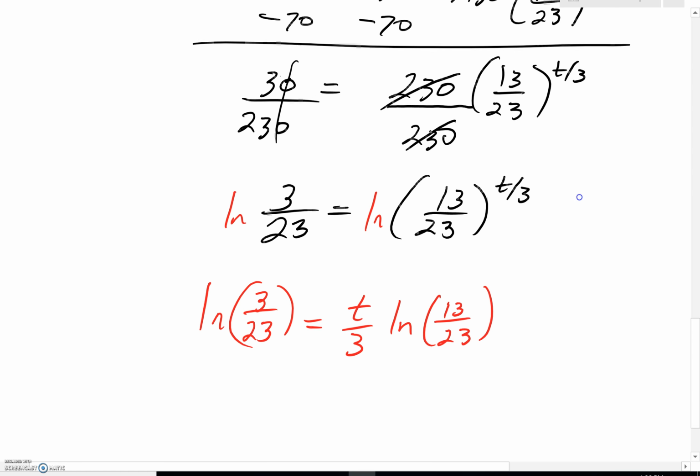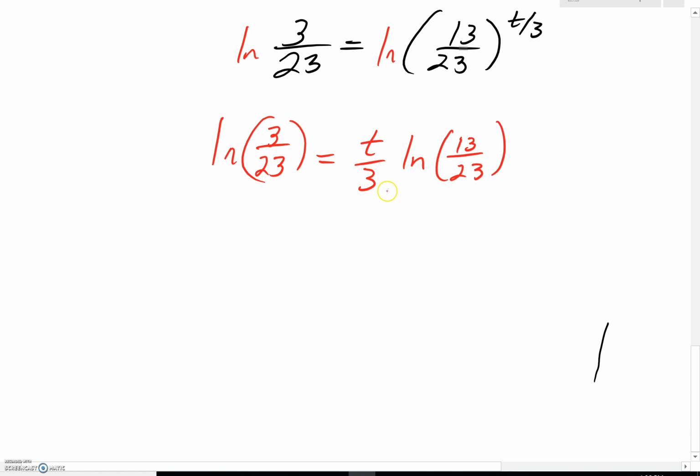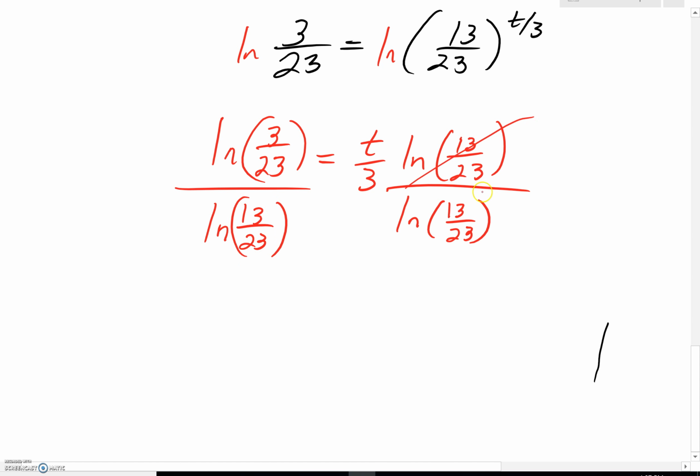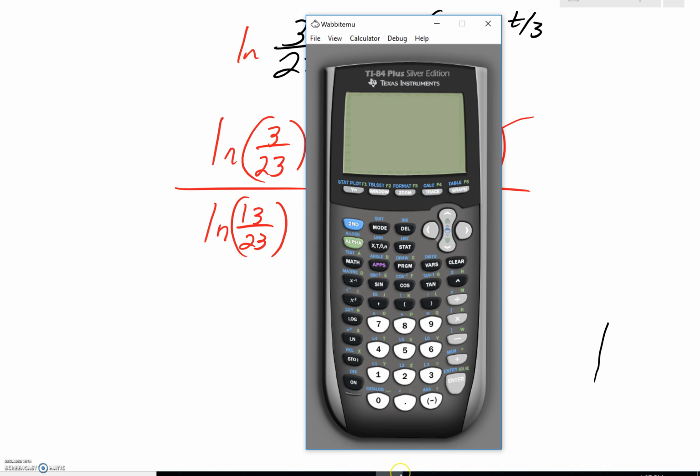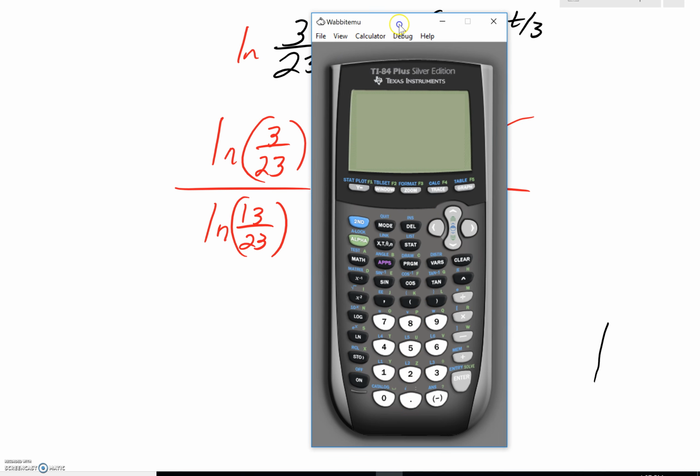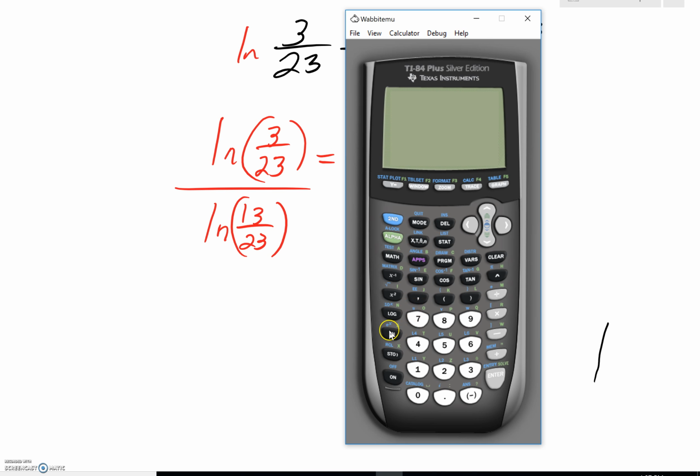And then just continuing on, I'm going to divide both sides by the ln of 13 over 23. I hope you can see why we're doing that. That's moving us toward getting t over 3. And now what? Well, ugly looking thing right there. You could just type in ln. You don't have to do pretty print.